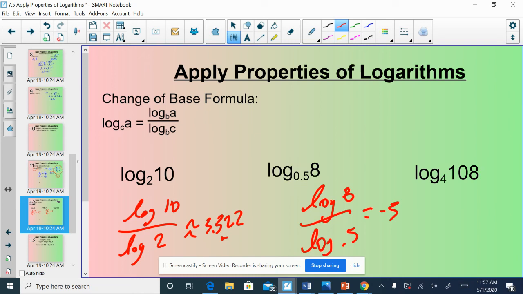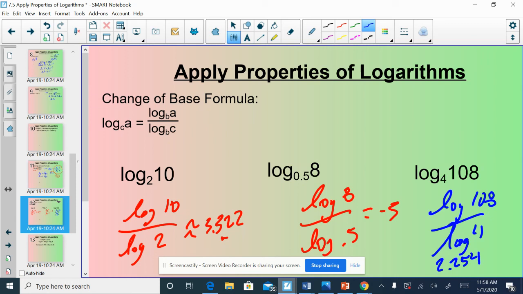It worked. I'll just do this one too. Might as well. We're here. Log 108 divided by log 4. Type that into my calculator, and I get 2.254.